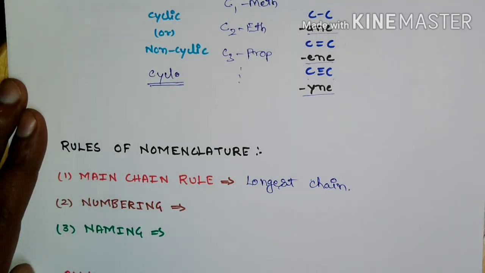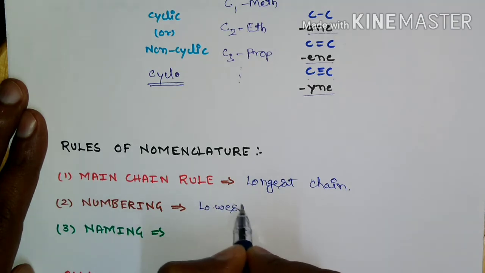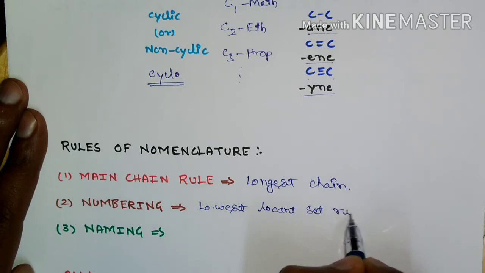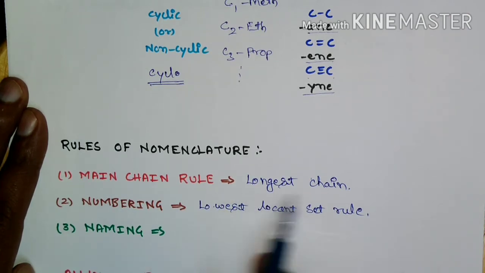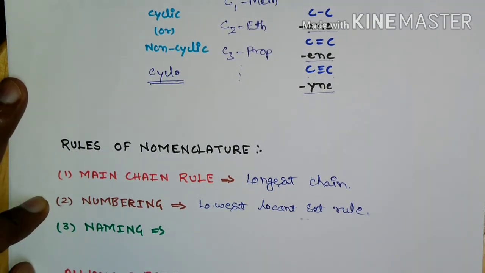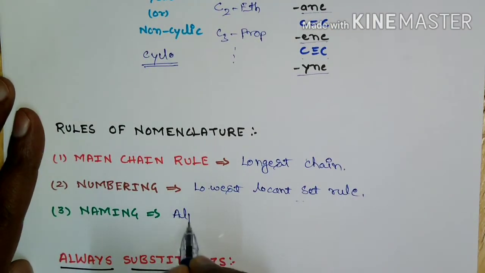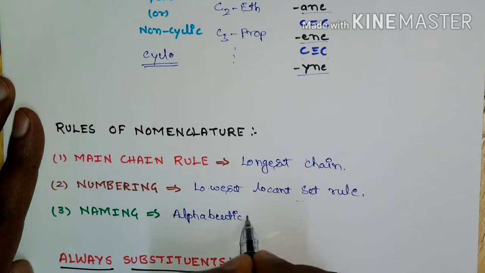Next is the numbering rule, where we use the lowest locant set rule. That is, the substituents attached to the longest carbon chain must be numbered in such a way that they get the lowest numbering. Finally, naming is done in alphabetical order.